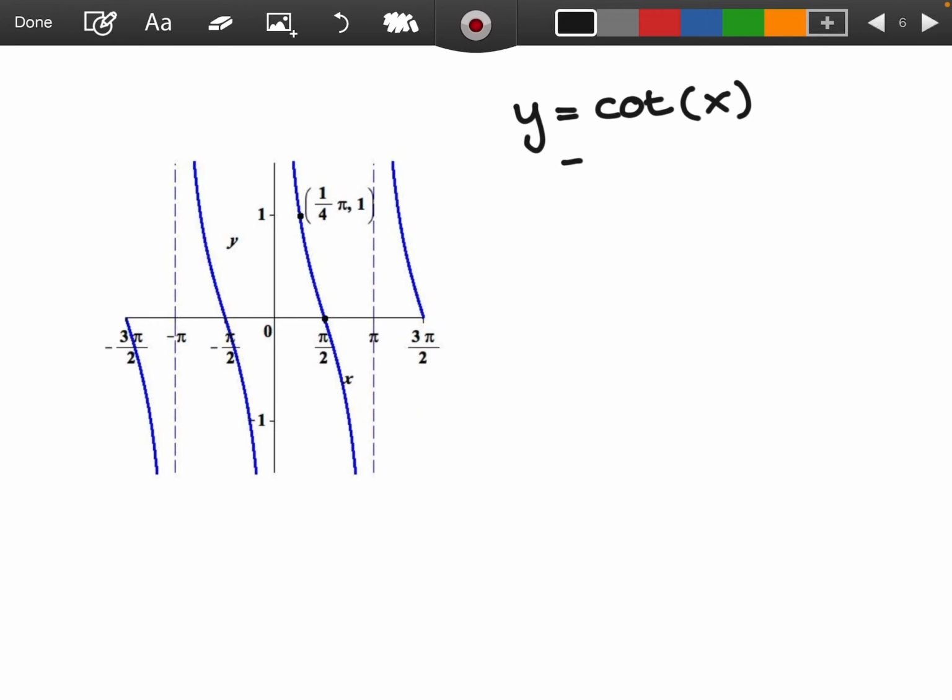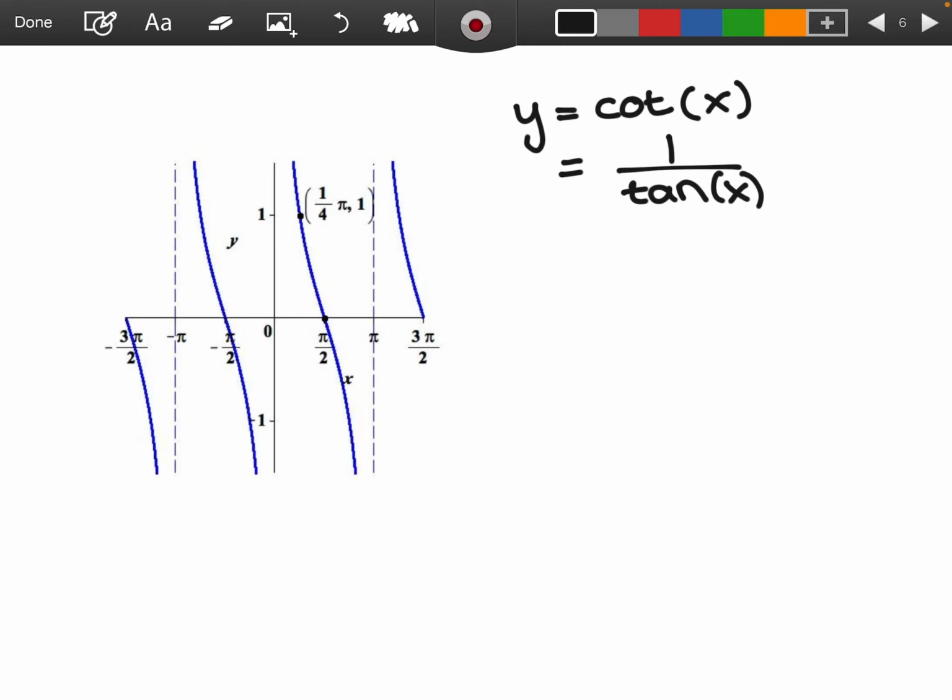The final graph that we have is cotangent of x. Cotangent is just 1 divided by the tangent of x, so 1 over tan x. And we end up with a similar situation to before, where there are values such that we get asymptotes. Any value where tan of the angle equaled 0, I would get an asymptote at that angle, because I would be doing 1 divided by 0 here, and that would not work.